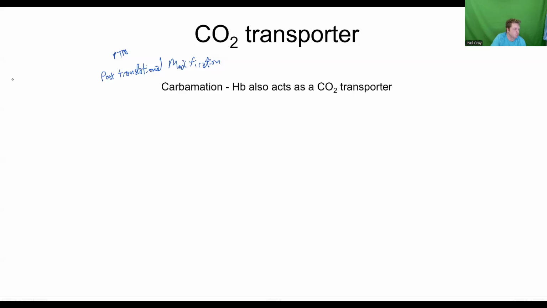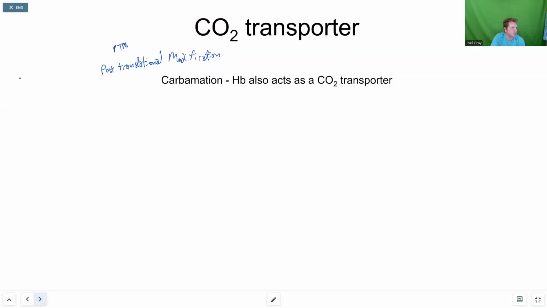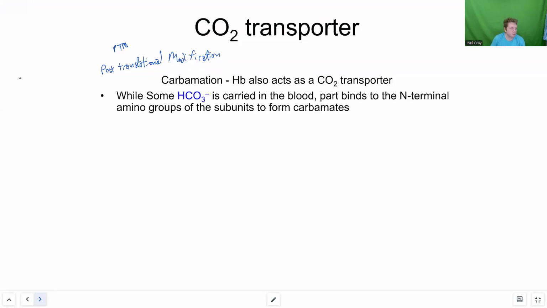So a carbamation event is where HCO3 binds to the N-terminal amino group of the subunits of hemoglobin to make what's known as a carbamate. So we have our partially deoxygenated or deoxygenated hemoglobin, and the N-termini of the protein reacts with HCO3 minus.